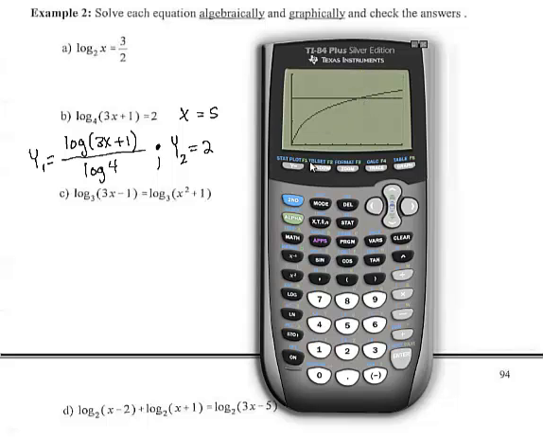And there we see our intersection. If we go to second calculate and enter 3 for the intersection, enter, we get x equals 5 exactly. And that occurs at y equal 2. So graphically our solution is x equal 5.